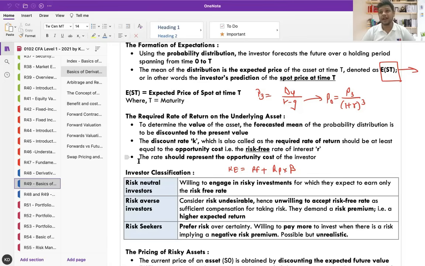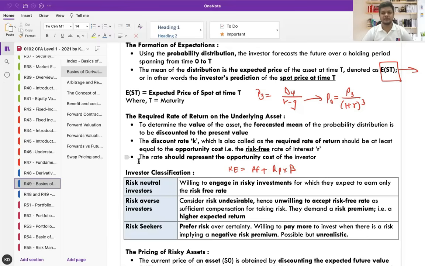And therefore, whenever we invest in risky assets like equities, we expect investors to be risk averse, and therefore their returns constitute two parts. It doesn't only constitute the risk-free rate, but it also constitutes what? It also constitutes an element of risk premium, which is (Rm minus Rf) times beta in this case.